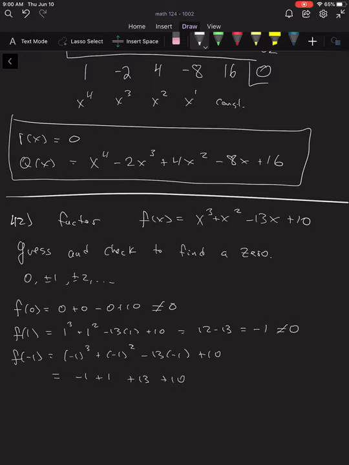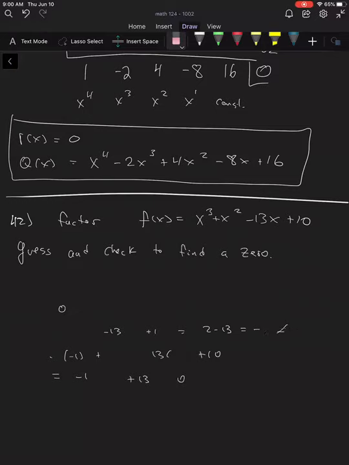Sorry, let me look at this. We made a mistake somewhere else again. Oh, I copied the problem down wrong. Which one did I copy down? Sorry, I copied this. We had to start over. I mixed 42 and 43 together. We need to start over. Let's erase all this. Sorry about that.